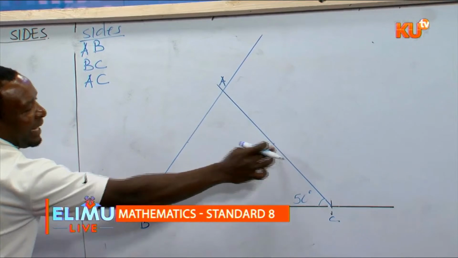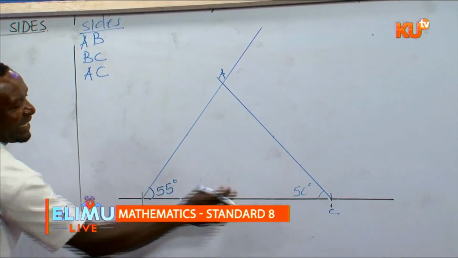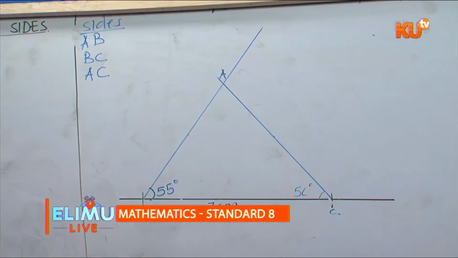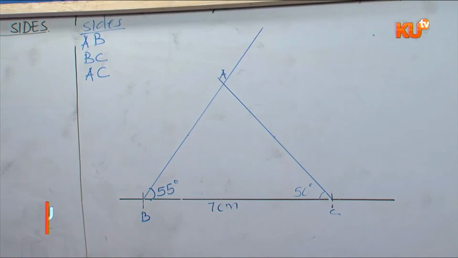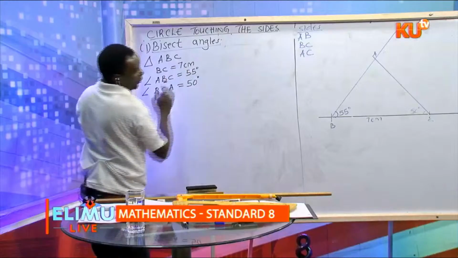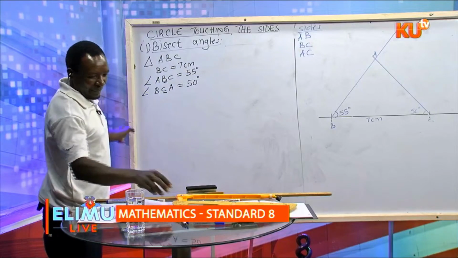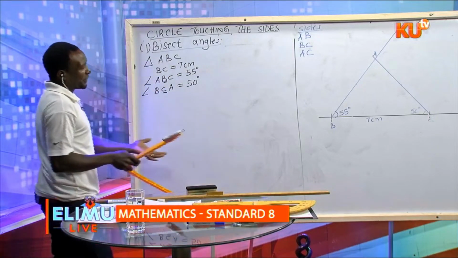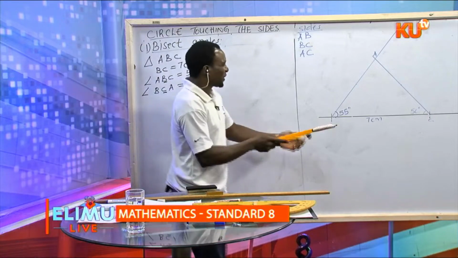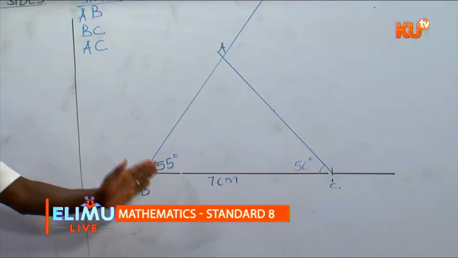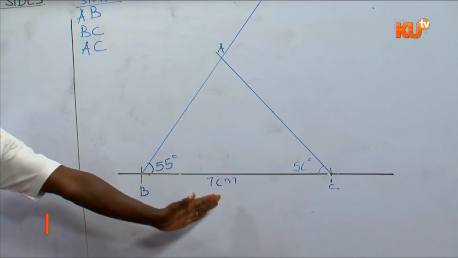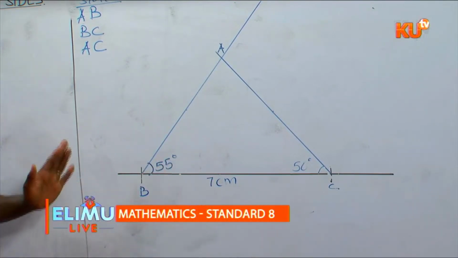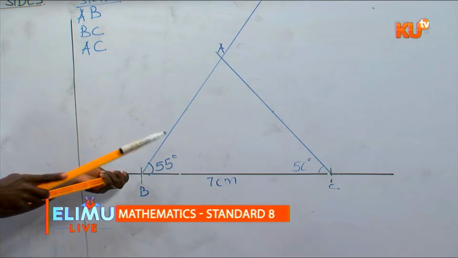It touches this line, and it touches this line. And I said, on this one, we are going to bisect the angles. And how do we bisect the angles? It is almost opposite the other one, because in the other one we were using more than half of this line. In this case, we are going to use less than half.